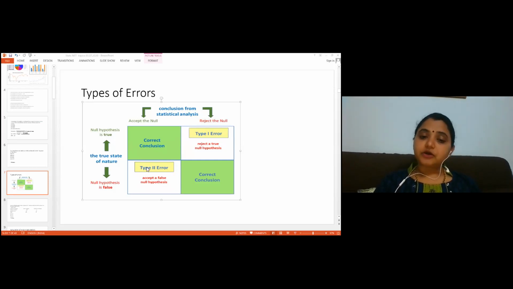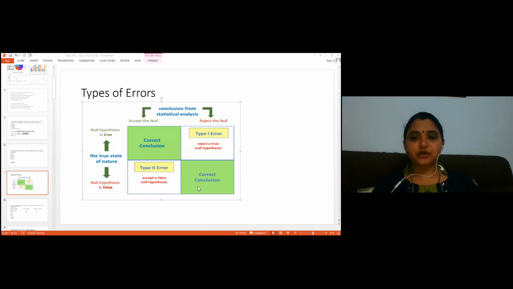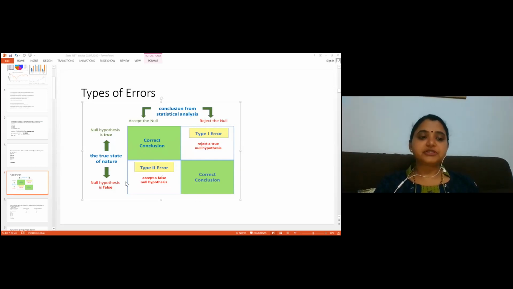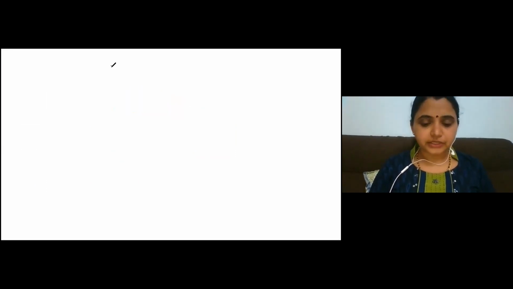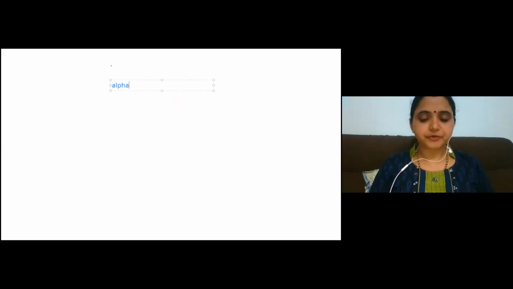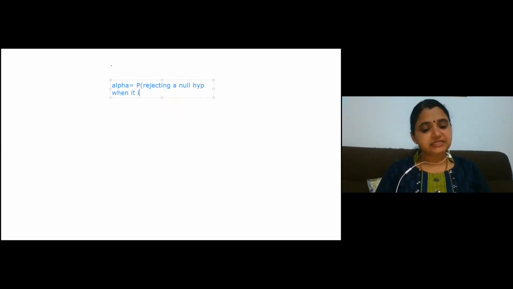The complement of type 2 error is power, the correct conclusion of rejecting a null hypothesis when it is actually false. Let me quickly write it here. Let me erase all the drawing here and then type it fast. So we know that alpha is the probability of rejecting a null hypothesis when it is true, a true null hypothesis getting rejected.